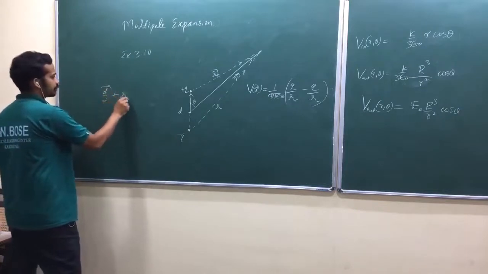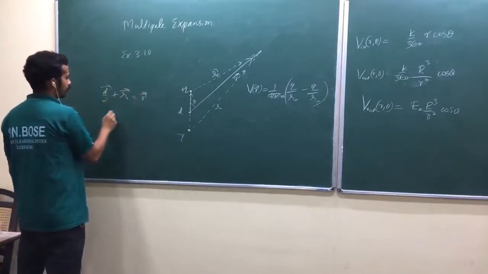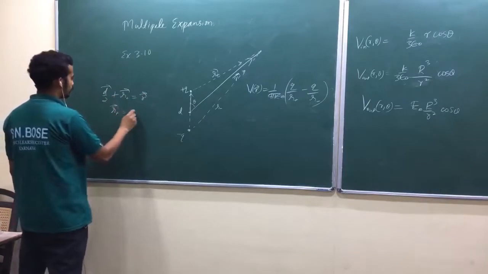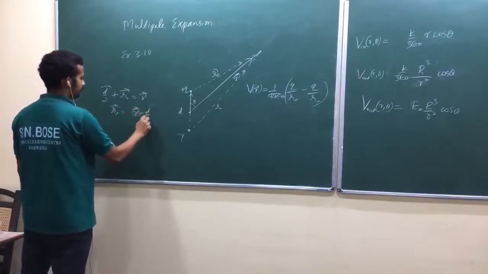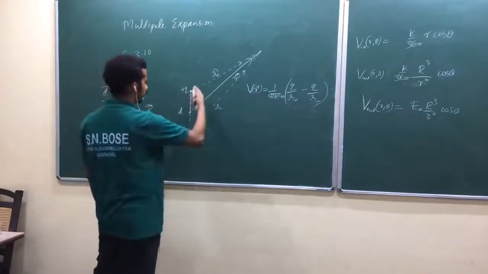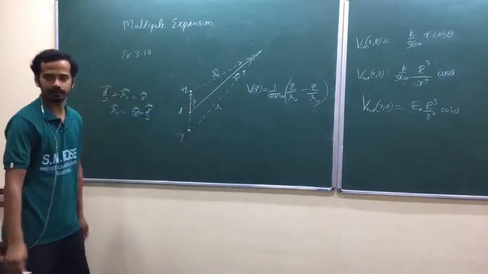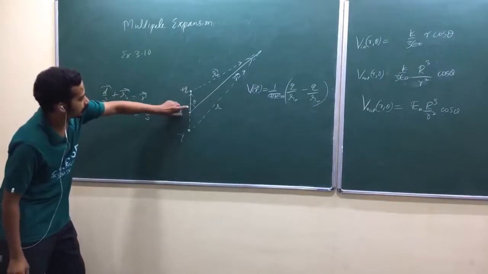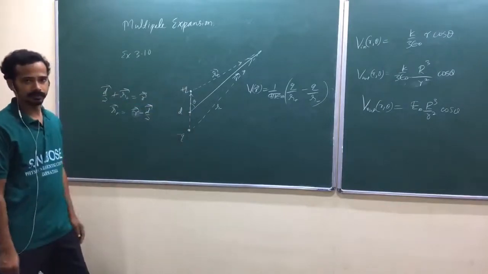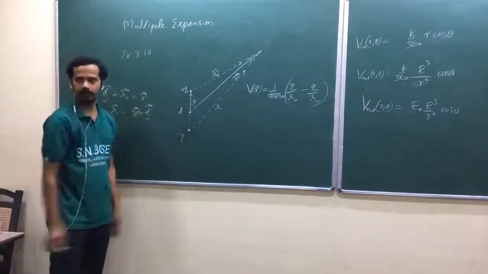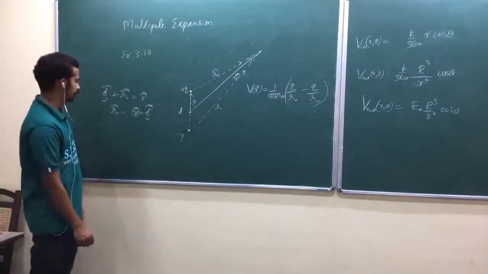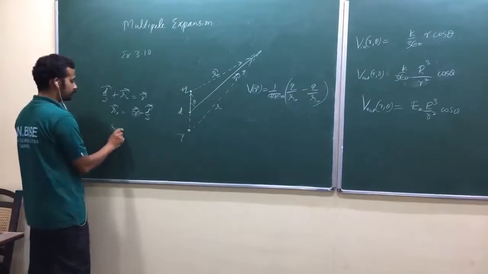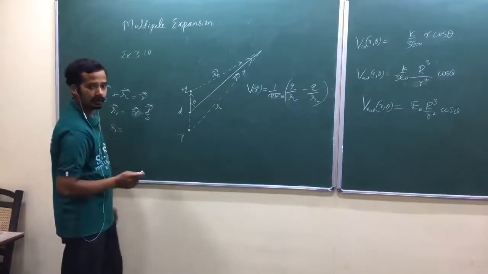Now d by 2 vector plus italic r plus vector is equal to r vector, so italic r plus vector is equal to r vector minus d by 2 vector. Just check it out. D by 2 vector is the vector from this point to this point, the center. This whole length is d, that's why I made it d by 2 vector, whose magnitude is d by 2. Why did I define it like this, any idea?